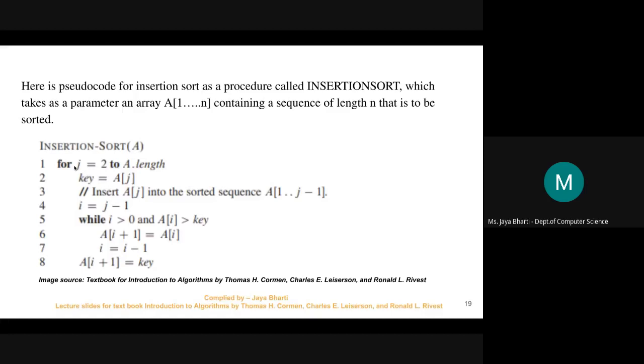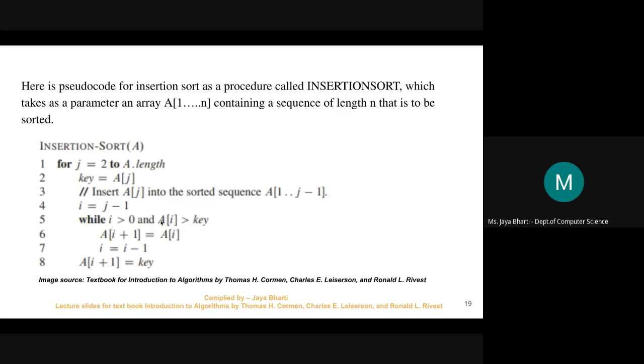Then in the next iteration, when you take j is equal to 3, i will be 2, so it is not going to go below 1. That's why it is written that i should be greater than 0. It could be 1, 2, 3, 4, any value, but it should be greater than 0.